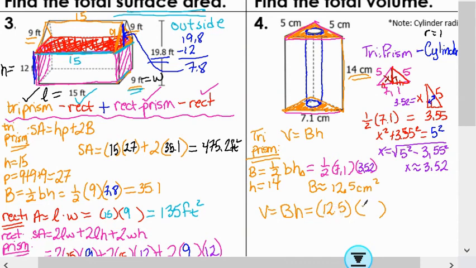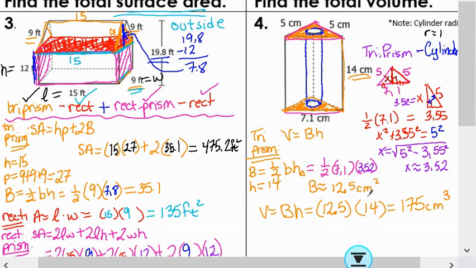The height, we already knew it, was 14. We had it labeled over there on the side. And if we put that in our calculator, we get that the volume of the triangular prism is 175 centimeters squared, cubed, sorry. Okay, so this is volume now, so it's cubic units.